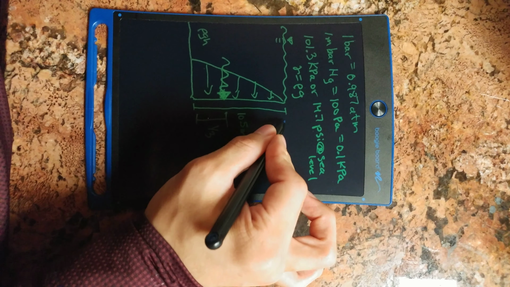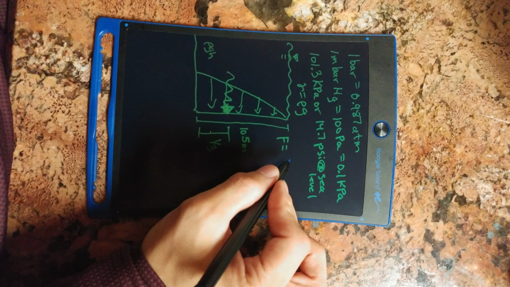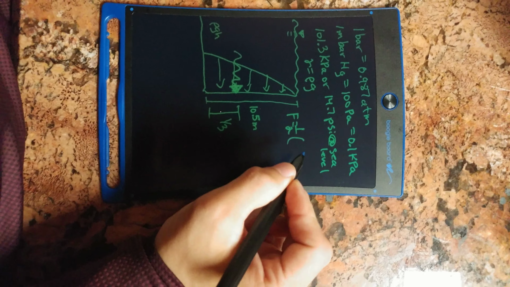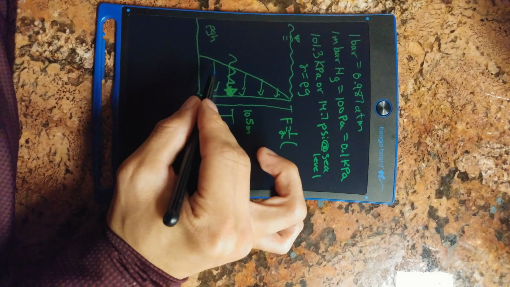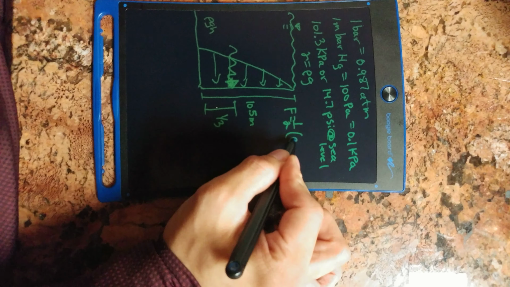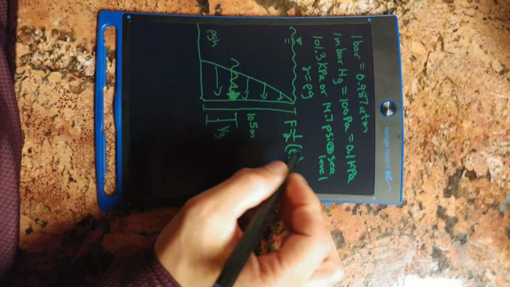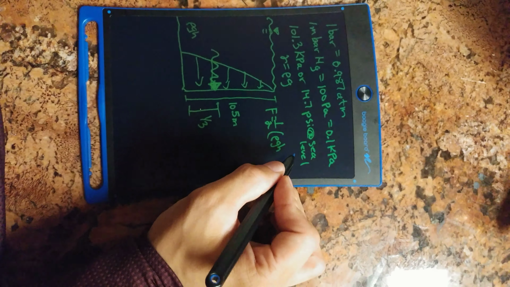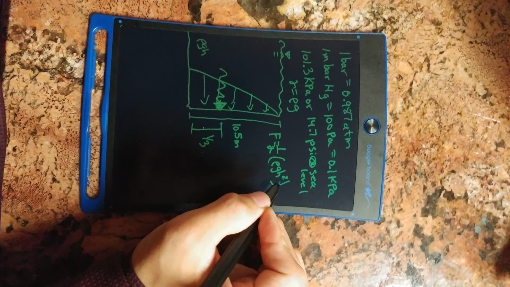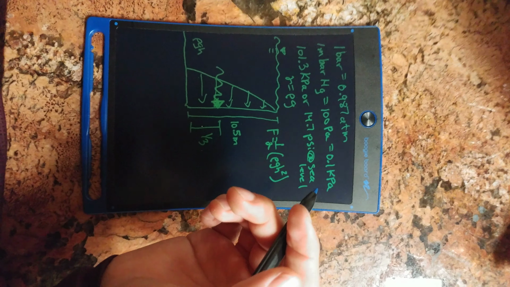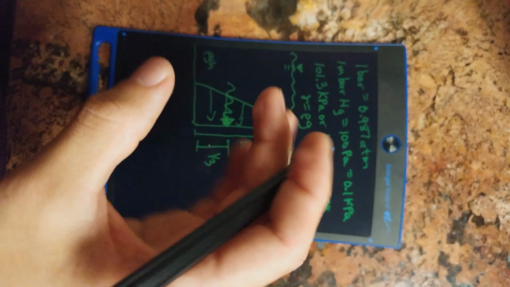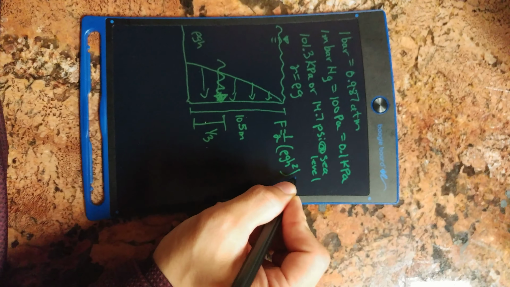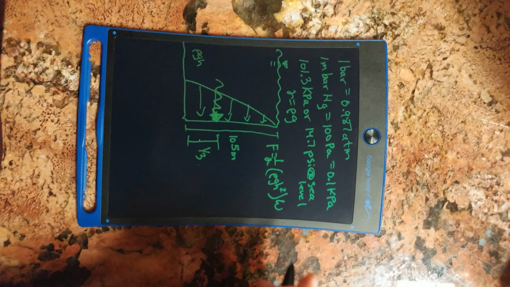So the force on this wall is going to be the area of this triangle, which is 1/2 the base, rho GH, times the height, h, so h squared, times the width going into the board, because this is the elevation view.